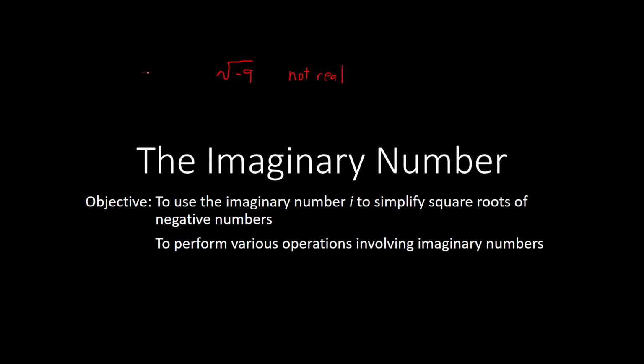Because if we take 3 squared, we get a positive 9. We take a negative 3 squared, we still get a positive 9. So we have learned that the square root of a negative number we would call a not real number. And in this lesson, more specifically, we are going to call those type of numbers imaginary numbers.